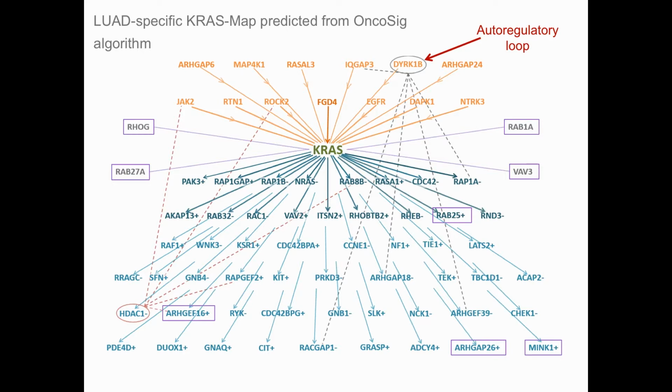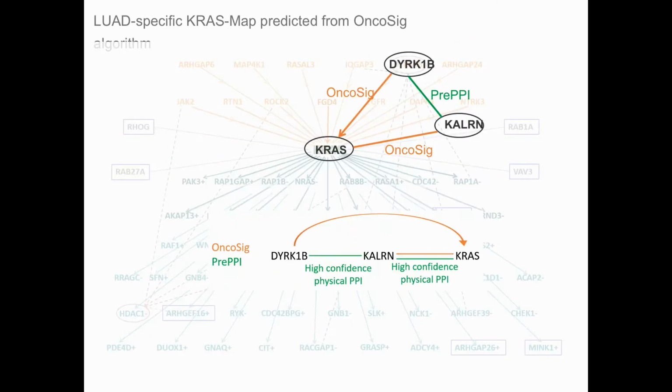This is just an expansion of the KRAS map. And you see here a protein, I don't know how to pronounce it, DYRK1B, which is predicted to interact with KRAS. The OncoSig program basically predicts an interaction between DYRK1B and KRAS.